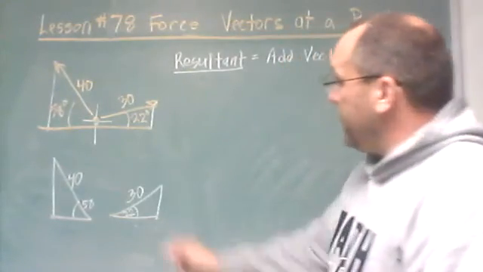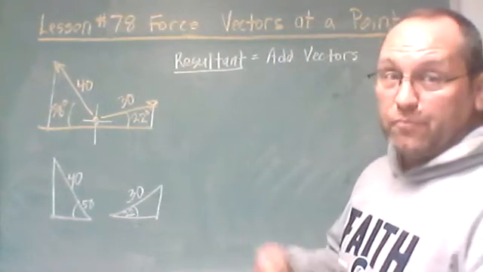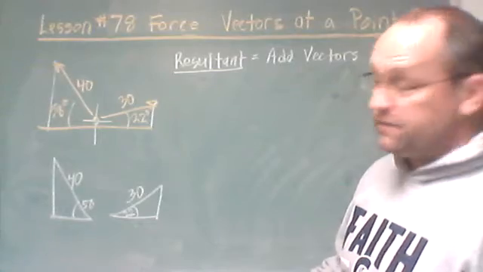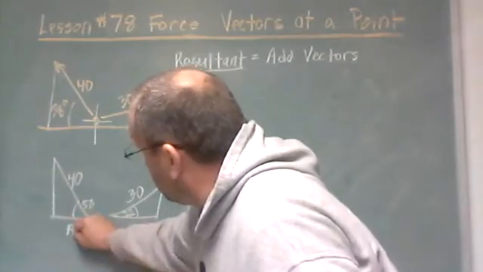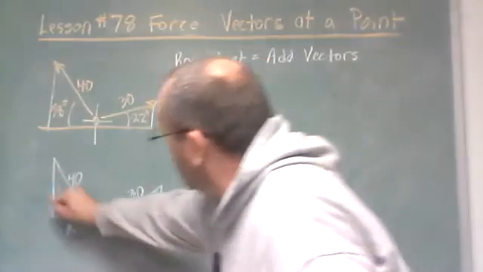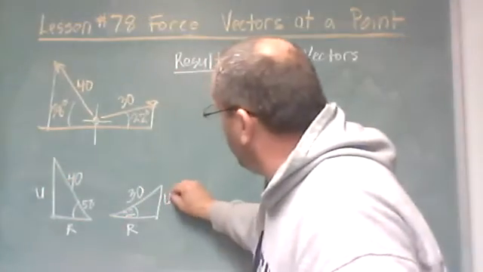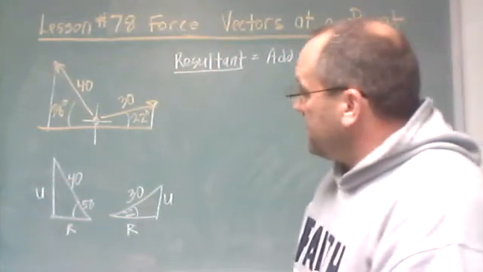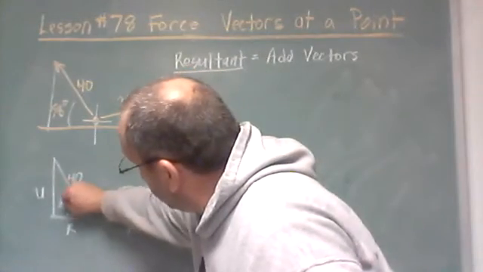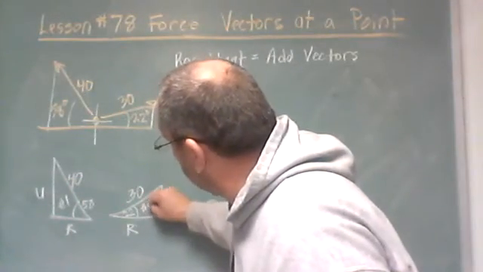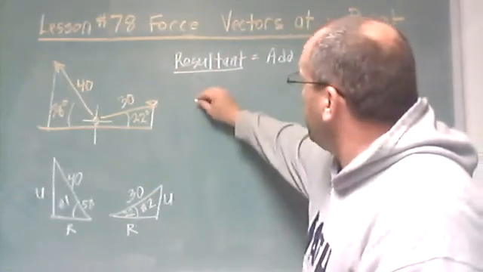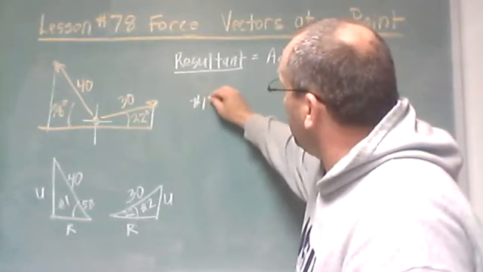So what we're going to do, what do we have to do? We have to break apart the vectors into their right and left components and their up and down components. Okay, I'm going to call this vector number 1 over here. This one is number 2. Okay, let's split apart number 1.